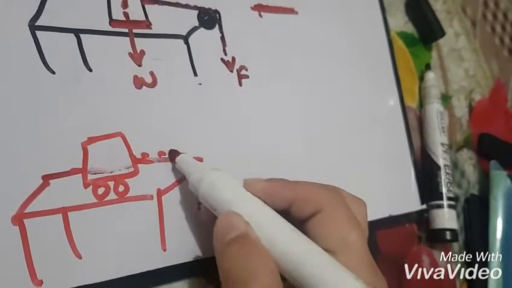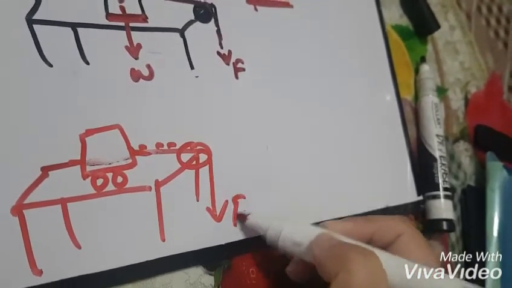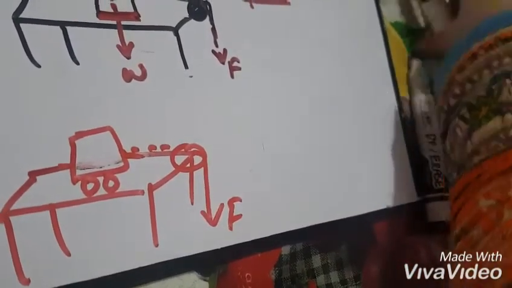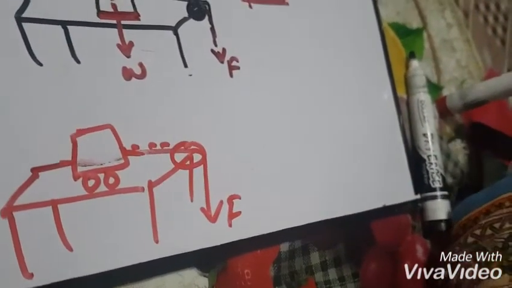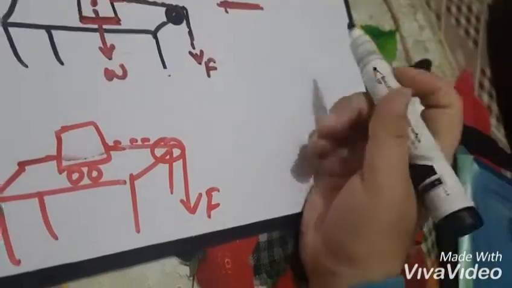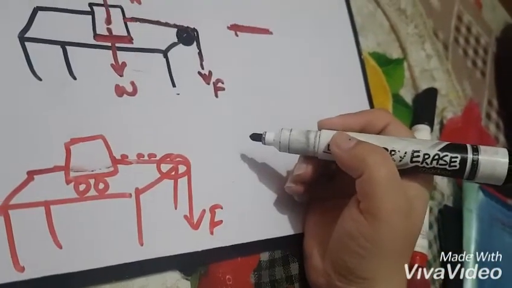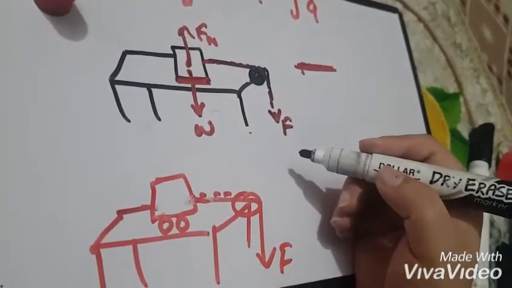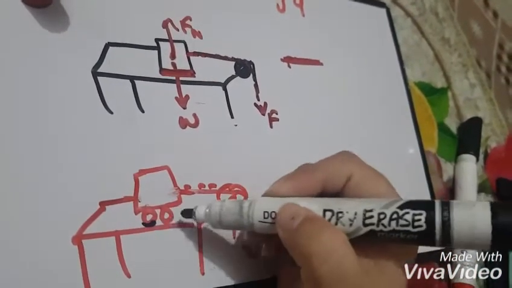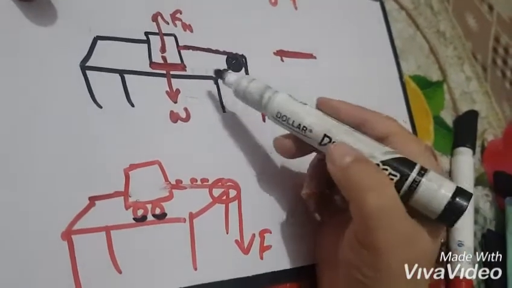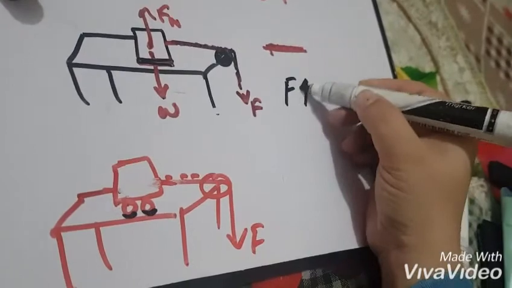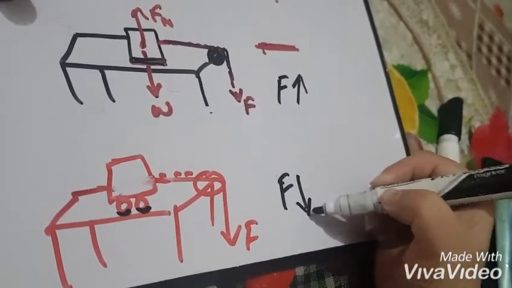So if you want to push or apply force here, you can see the difference between these two objects: which will slide easily, and where the friction force will be greater. You can see that the point of contact here is very small, and here the point of contact is very large. So here the friction is more compared to this one. So it depends upon the area of contact or point of contact.